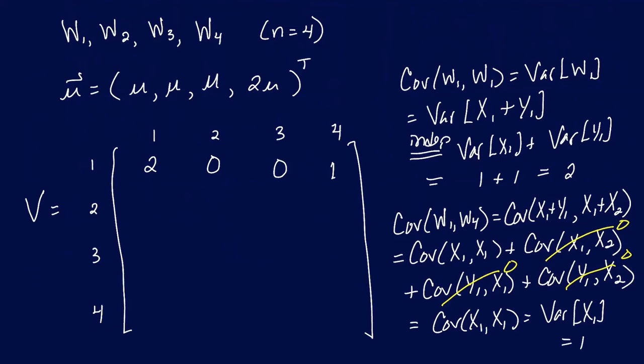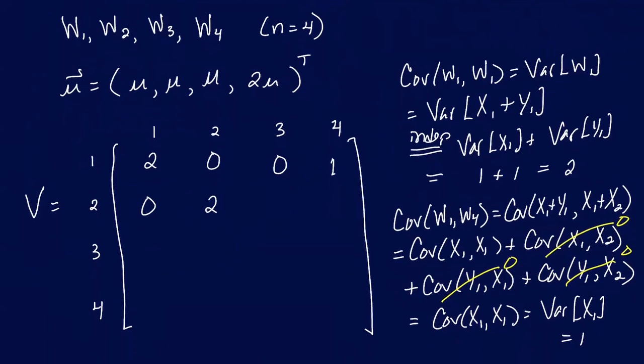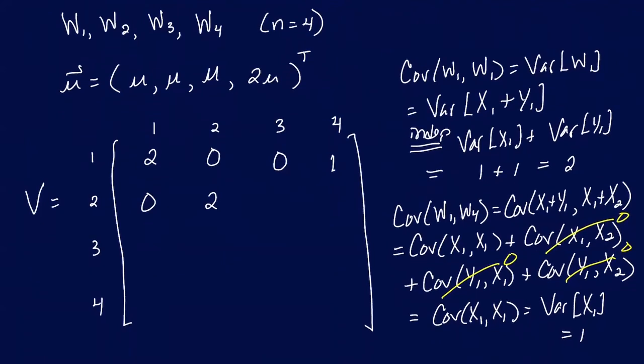Okay, the second row is similar. I mean, things are mixed up a little bit. So W2 and W1 are independent. They have a covariance of 0. W2 and W2, that's just the variance for W2. It is the exact same calculation here, and we get a 2. W2 is independent of W3, so the covariance there is 0.